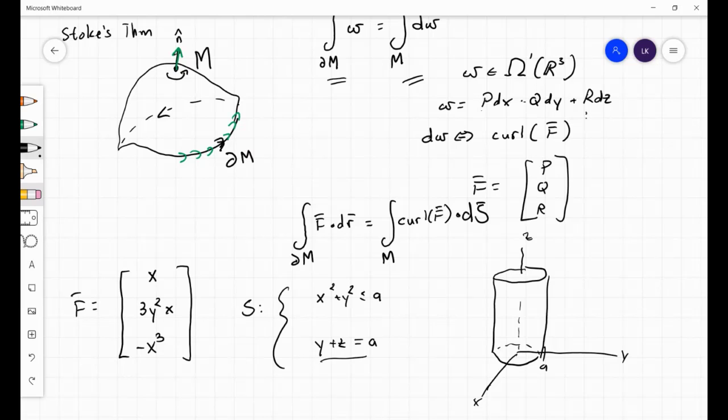The second equation tells us we have a plane. The line would be y plus z equals a, so that the y and the z intercepts are both a. So that's the line. But of course, that's a graph in R3, so you let x be anything, and that gives you a plane which cuts this cylinder in some sort of elliptic shape. So our surface is actually this ellipse that's slanted in space.